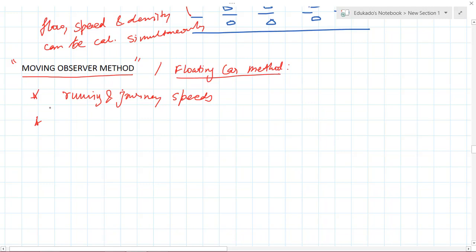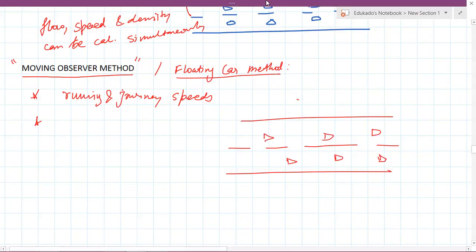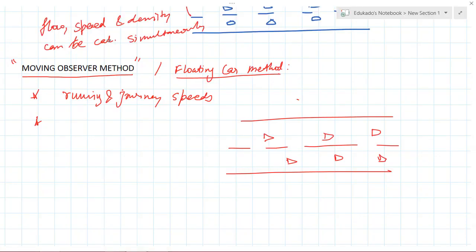In this method, the speed and the flow can be obtained by traveling in a car against and with the flow. Like I just gave you an example, the traffic is moving like this, fine, and you are in the car. I'm denoting it with a different color. Over here you are in the car and you are just moving with the traffic flow.